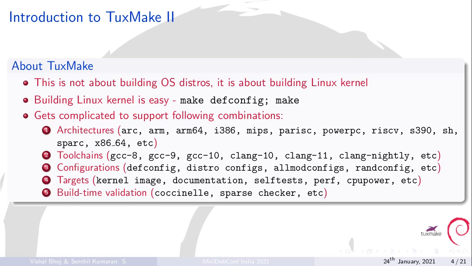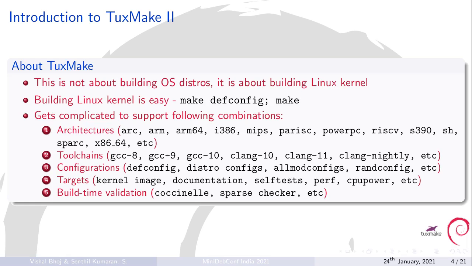And you may ask, building the Linux kernel is not difficult. It's easy, right? You follow the documentation, install the dependencies, and run a couple of make commands like make defconfig and make, and then you're done. We can build the Linux kernel as easily as that.